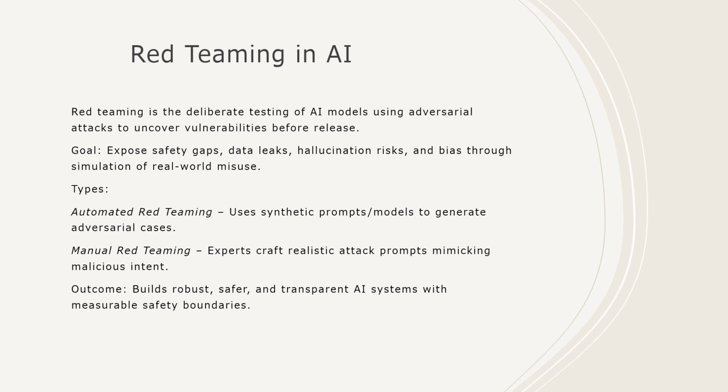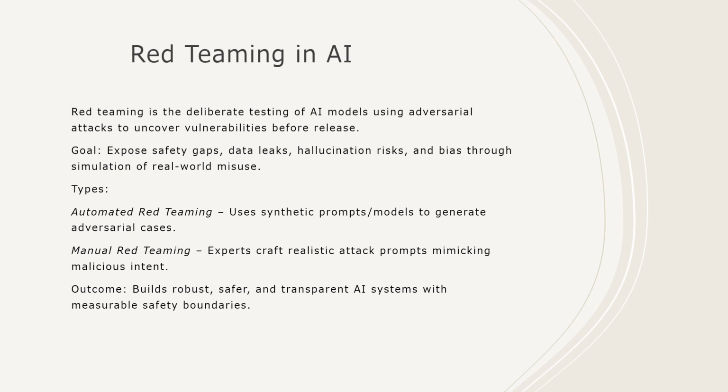The goals are exposing safety gaps, data leaks, hallucination risks, and biases through simulations of real-world misuse. Red teams act like ethical hackers for AI, intentionally trying to make the models fail or produce unsafe outputs. They find and fix the weak spots in the safety layers before public deployment.